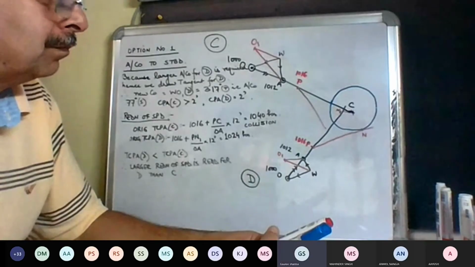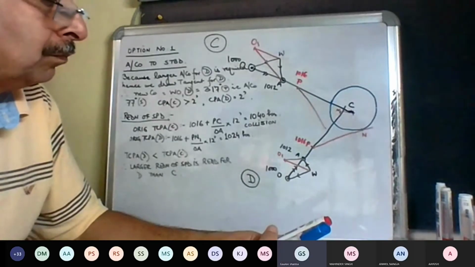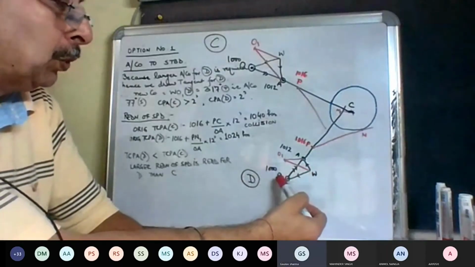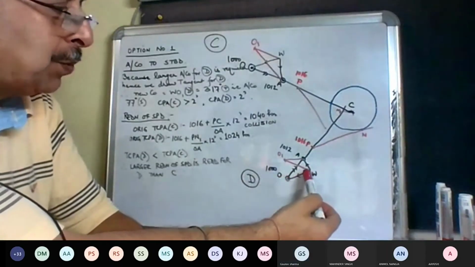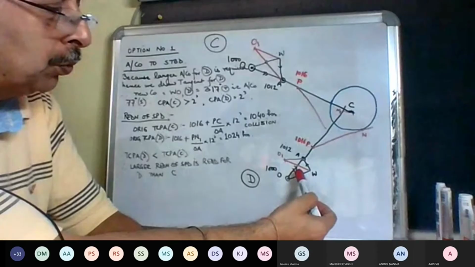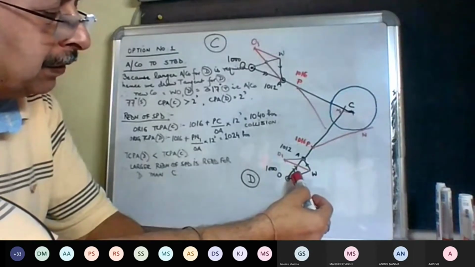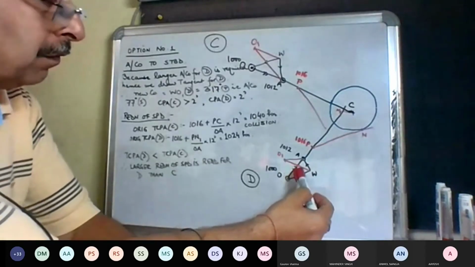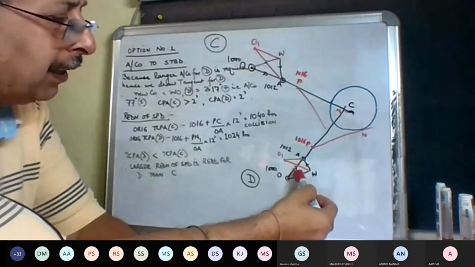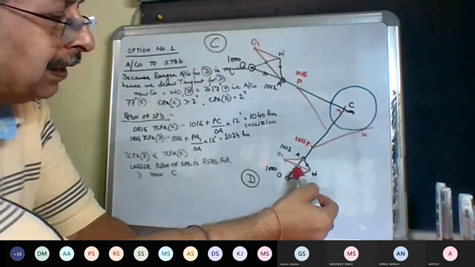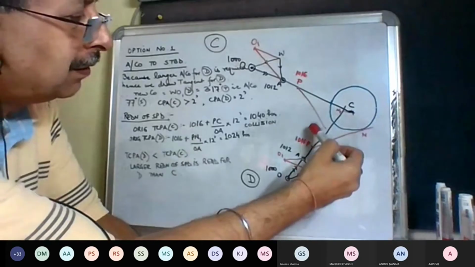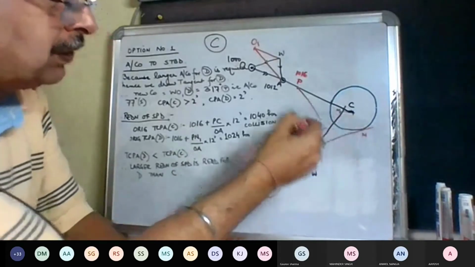If I am on WO and I have to reduce my speed to WO2, then O2 is going to lie somewhere here, and my relative line of approach will become O2A like this.